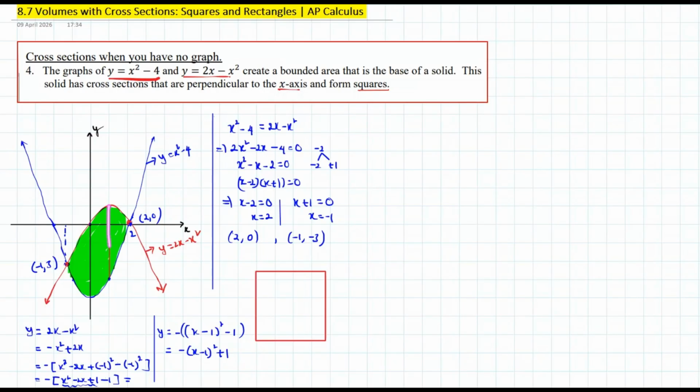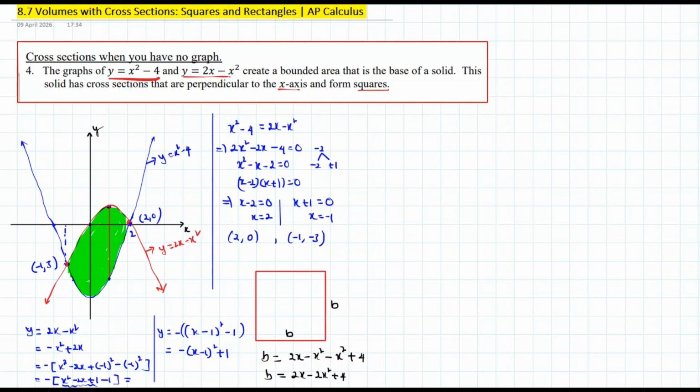Let the base equal b. The top curve is 2x minus x squared minus the bottom curve, x squared minus 4, that is negative x squared plus 4. So that is 2x minus 2x squared plus 4. So this is the base.